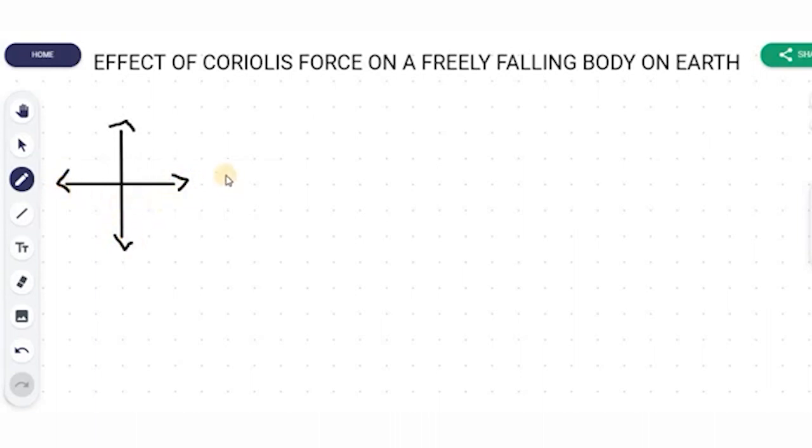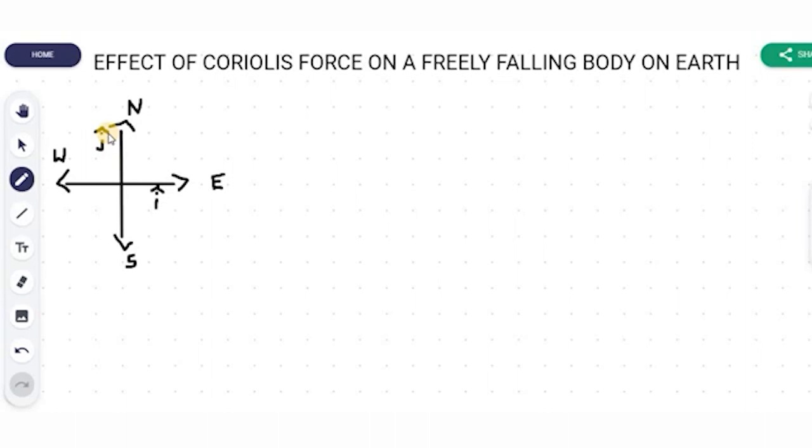This is the east direction, this is south, this is north, and this is west. And I have the unit vector i cap indicating the east direction, and j cap indicating the north direction.